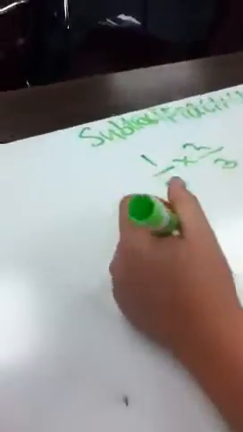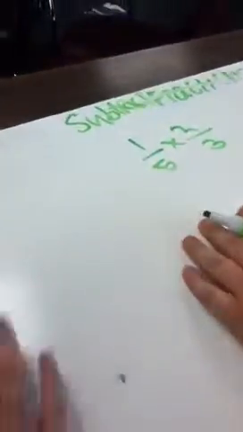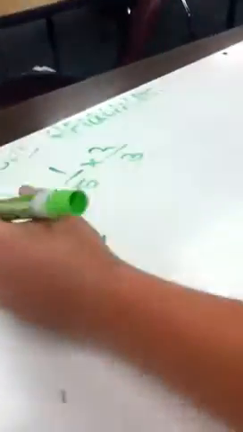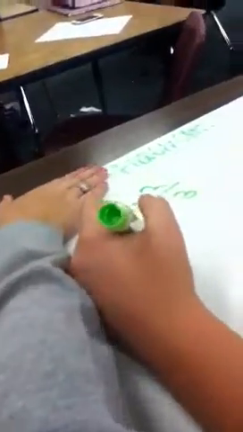Okay, now we are going to start doing multiplying fractions. Problem is 1 over 5 times 2 over 3. Step number 1, you're going to multiply straight across.